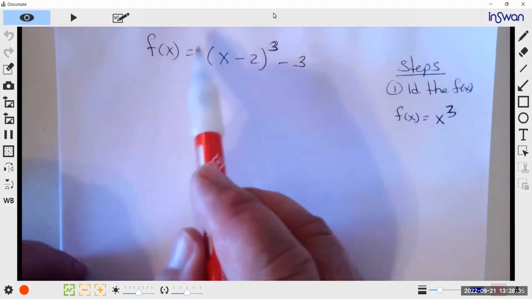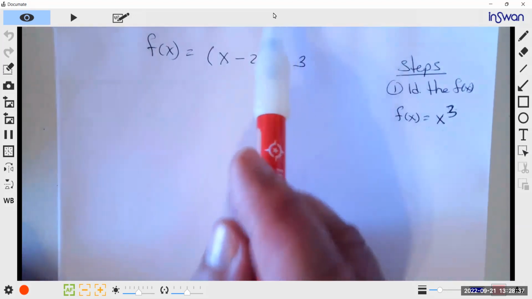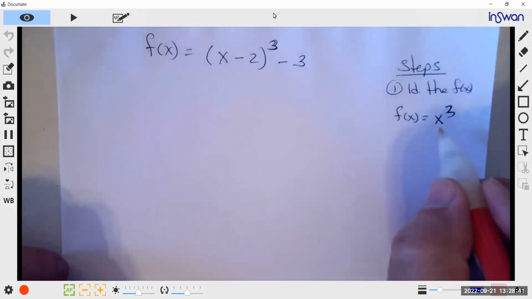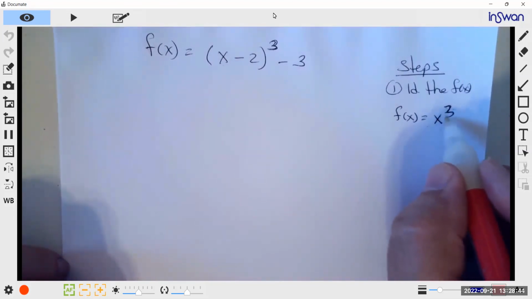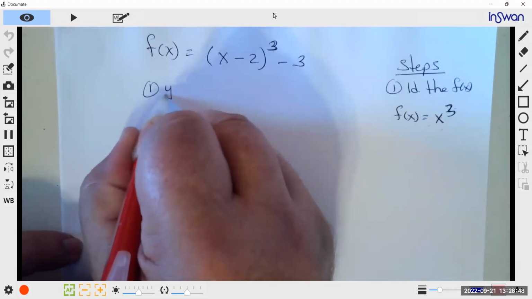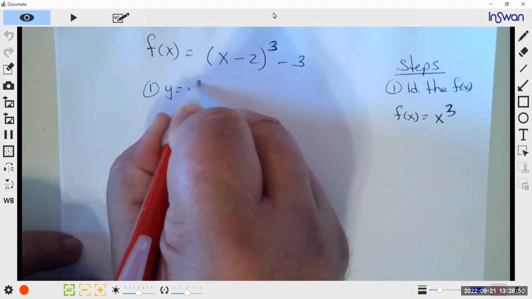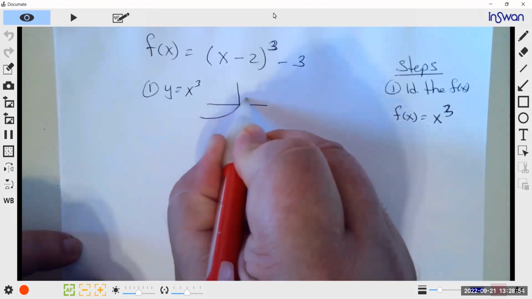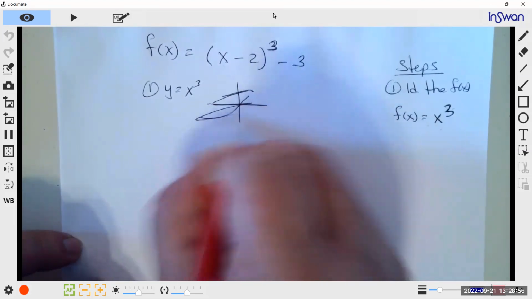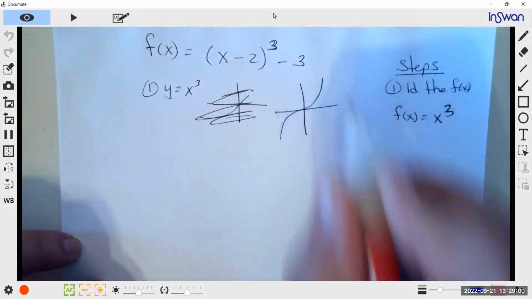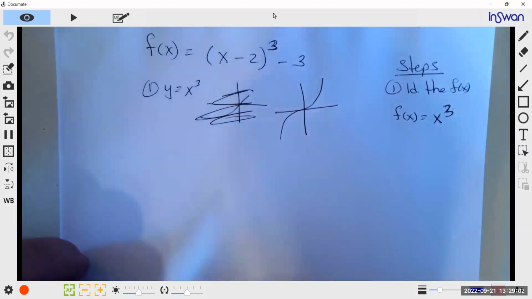Take away all the other ancillary numbers. Whatever you're left with is the original function. So what does x cubed look like? Well, the function x cubed looks like this. It goes the other direction. That's x cubed.